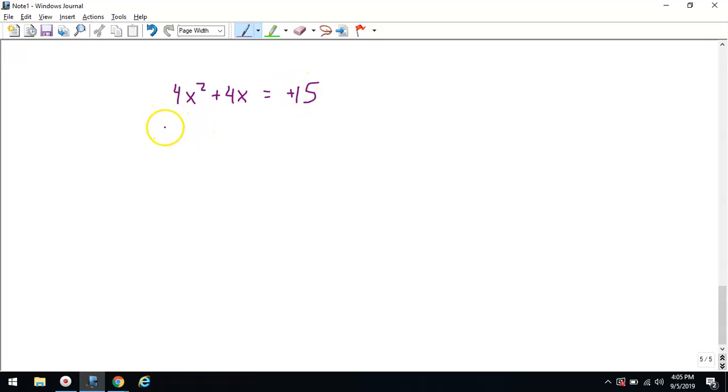Remember, you can only complete the square if the leading coefficient is a 1, but I can make that a 1 by factoring out the 4, so 4 times (x squared minus x plus, leave a space) equals 15.